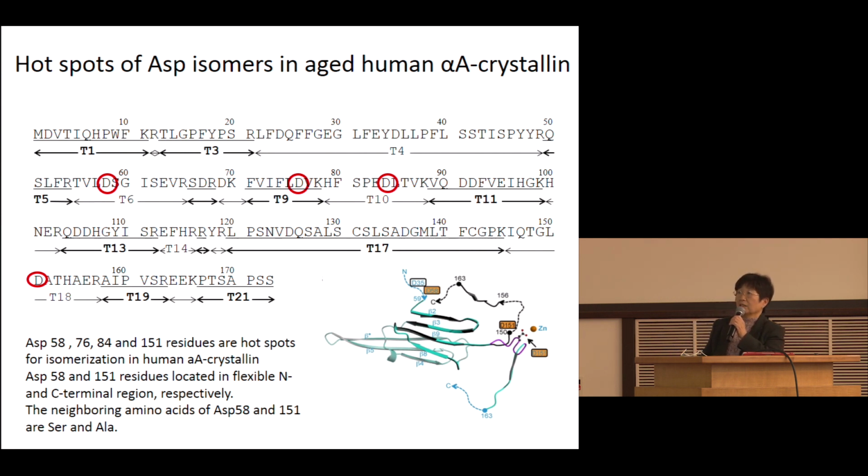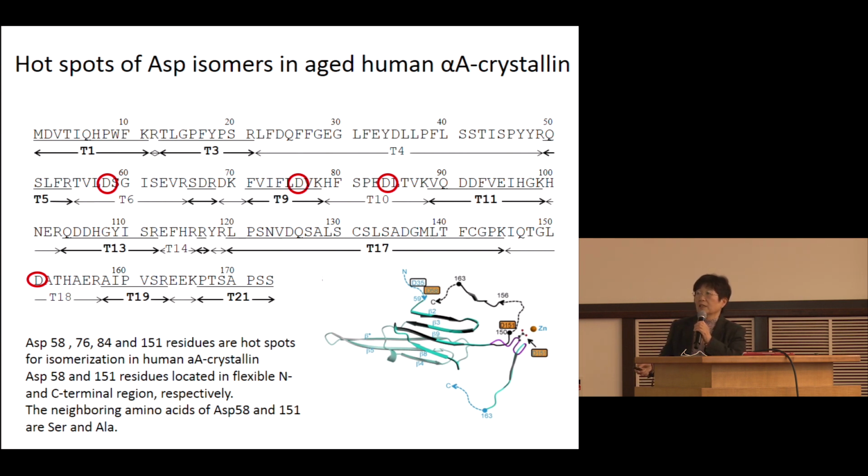Human alpha crystalline has 173 amino acids, but only 4 aspartic acid sites are specifically isomerized. ASP 58 and 151 residues are located in the flexible N-terminal and C-terminal regions. And the neighboring amino acids of ASP58 and 151 are serine and alanine.